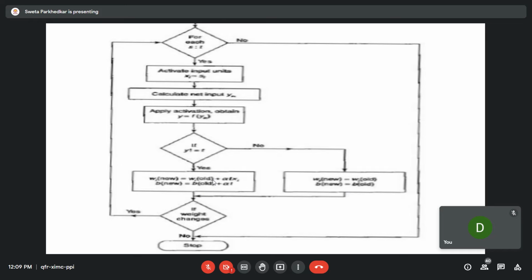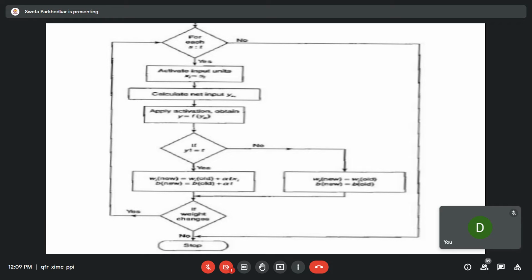Okay. When will this happen? When y, your net input output, is not equal to t, that is your target output. Then after this, if the weights are changed, yes, the weights are changed, then go to the first block again. Again check for the input and again calculate the net input.